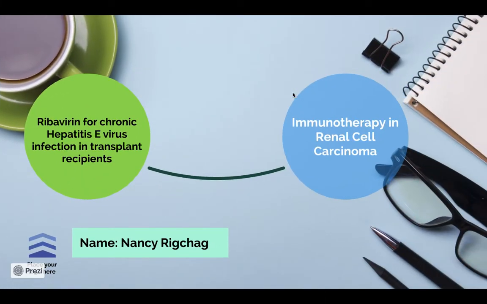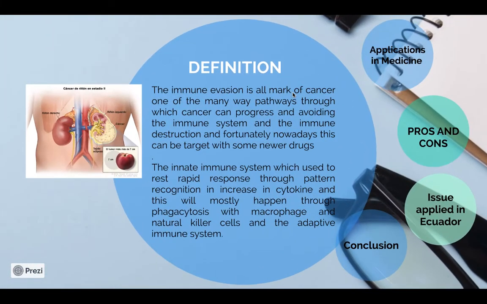Another topic is immunotherapy in renal cell carcinoma. By definition, immune evasion is a hallmark of cancer, one of the many pathways through which cancer can progress, avoiding the immune system and immune destruction.